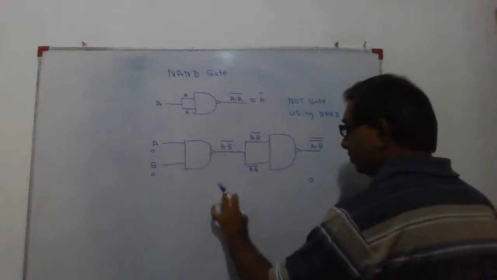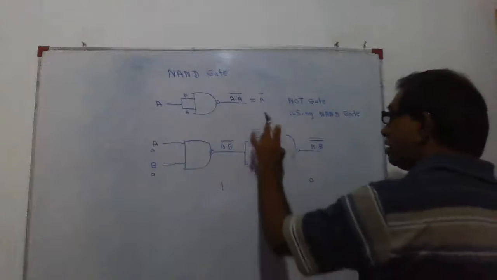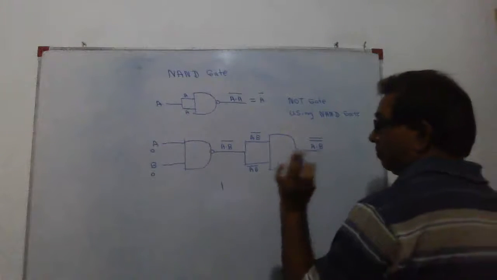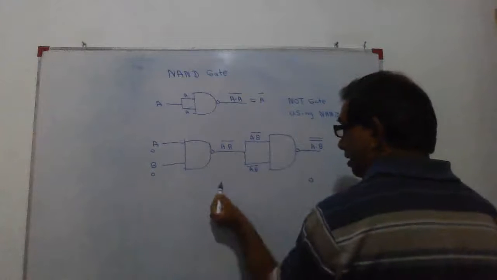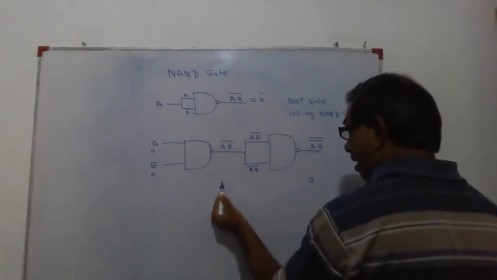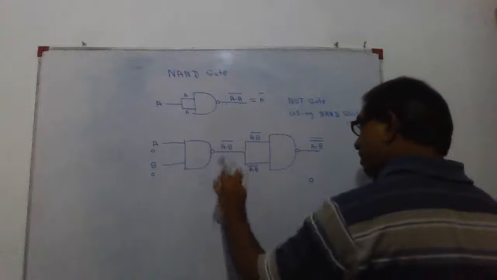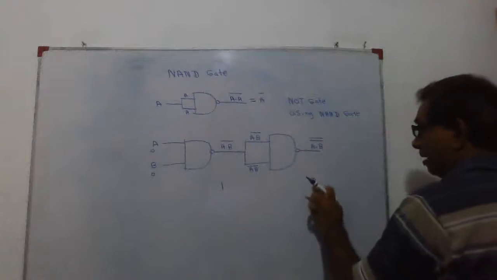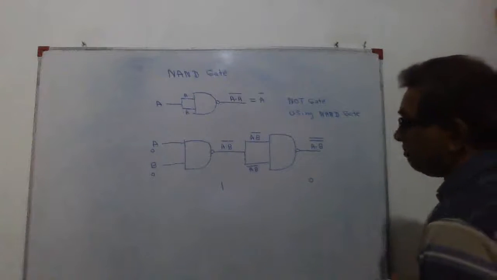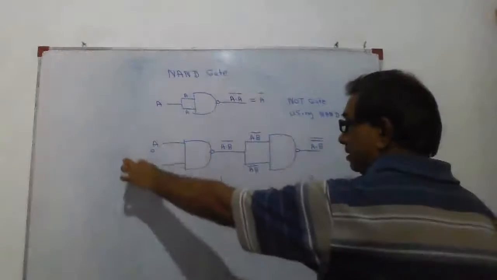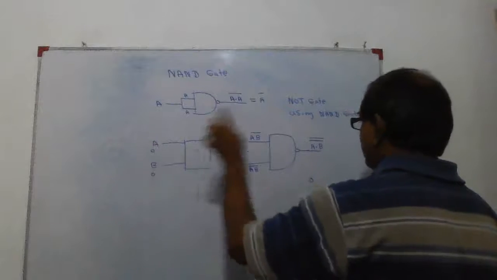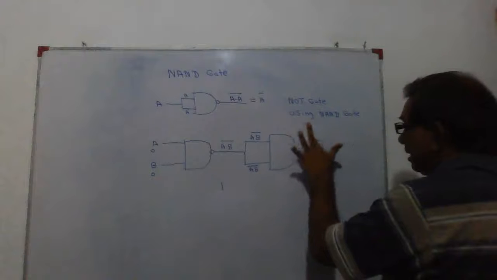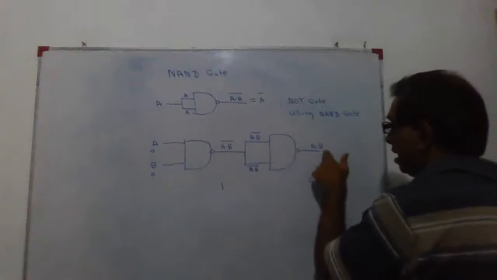Here you take 1, so then 1 into 1 is 1. You take 0. So you can understand A and B bar. If A and B bar is 1, A and B double dash becomes 0. So first input, this is the input, A and B. So it means we can remove these dashes. It means we have taken A and B again.